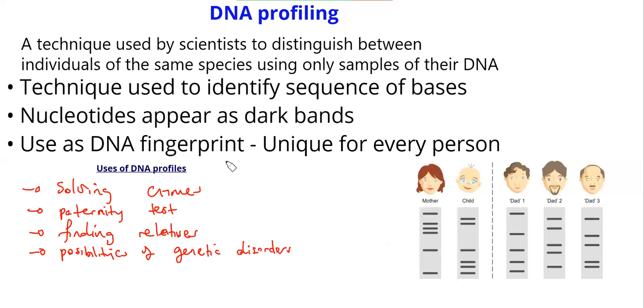But DNA profiling is expensive, and some people do want to know what they could have in their genes. Normally, couples who are rich can also try to find out if there are possible disorders in their children.